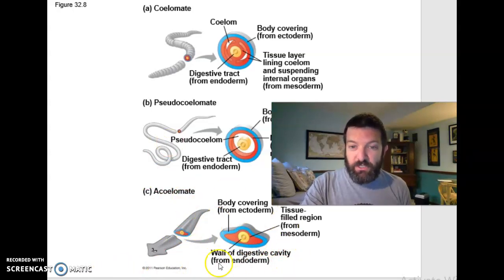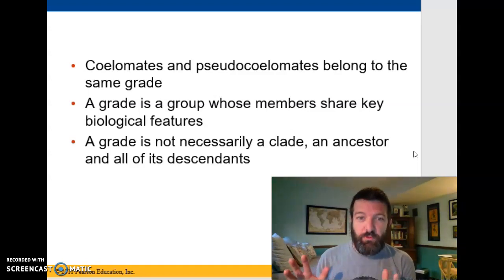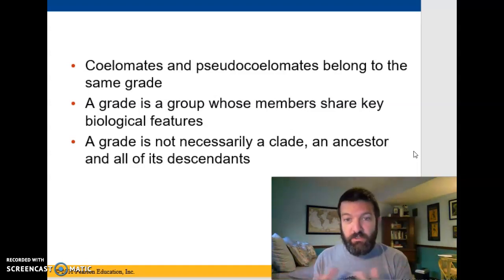These are called acoelomates, pseudocoelomates, and coelomates or eucoelomates, which means true coelom. Functionally, coelomates and pseudocoelomates have a lot in common, and they're generally placed in the same grade. But this is different than the same clade. A clade is a group of individuals that include the common ancestor and then all of the descendants.